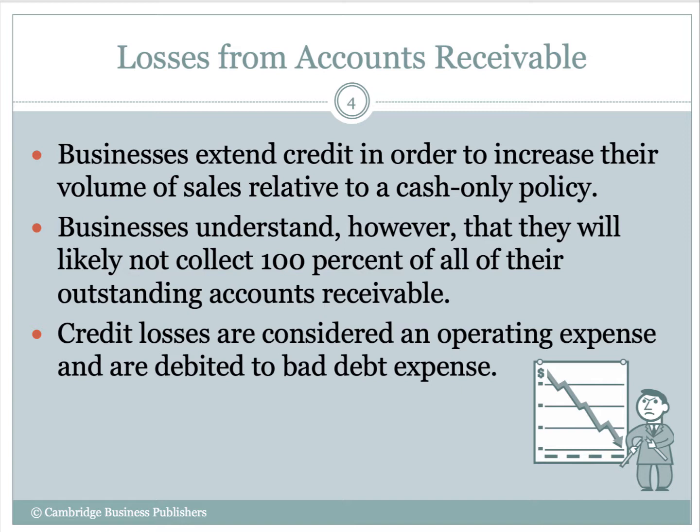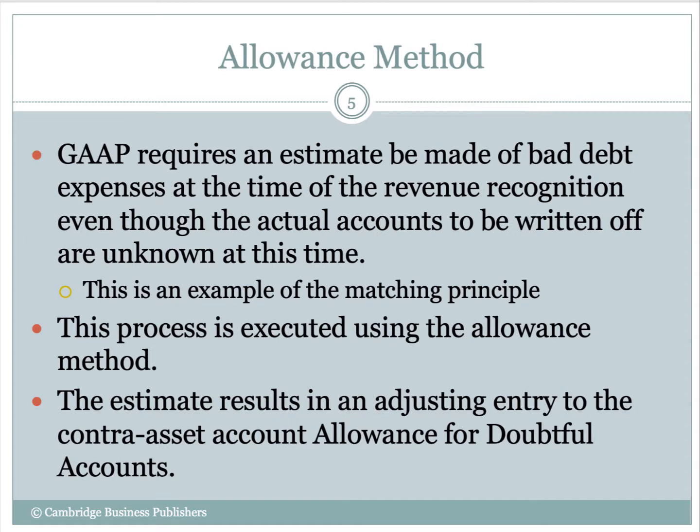And in order to account for credit losses, we need to debit what we call bad debt expense. That's a new account we have. It's an expense account, so it behaves just like any other expense account. You increase it with the debit, decrease it with the credit.